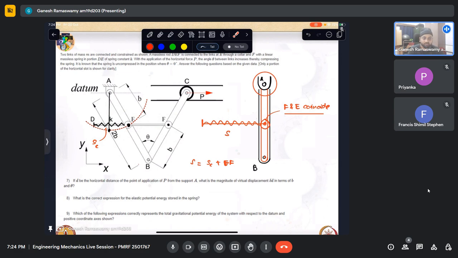Spring potential energy is half kx squared, and this is V elastic. So dVe by the degree of freedom will give us the spring potential energy contribution.